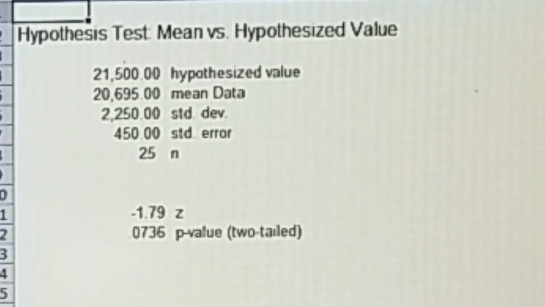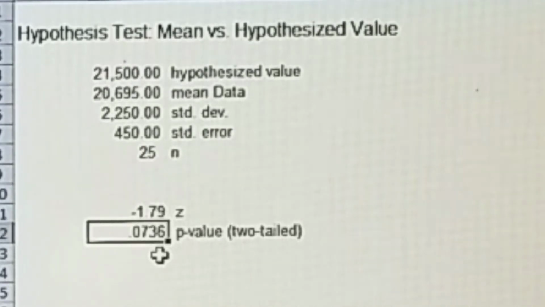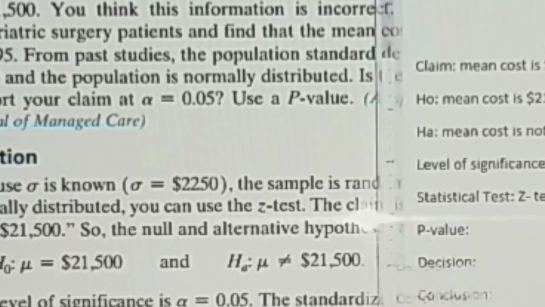So here's the result. Notice that this value has no color. That means our decision would be fail to reject the null hypothesis. So we write here 0.0736 for the p-value, and for our decision, fail to reject H0.